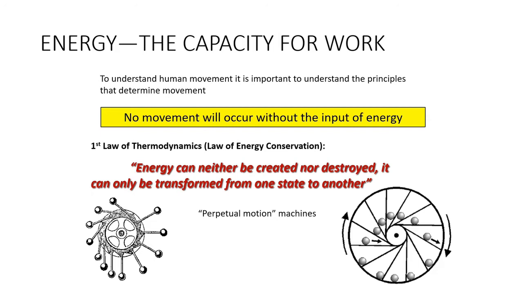Here's an example of one where you have the mass of these weights or balls pulling the wheel around, and then it gets pushed up and then it flicks over and starts again. However, when it comes to these machines, there's a lot of friction involved. You've got friction here, here, here, and all these hinges, and then you've got air resistance, sort of micro air resistance on these apparatus, and that slows it down and eventually it stops.